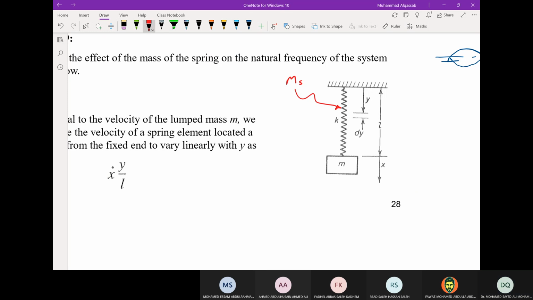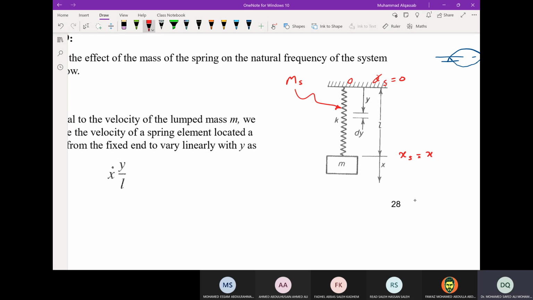Introducing coordinate y, which goes along the length of the spring from 0 here to L. We know that the spring displacement is 0 here, and the spring displacement is equal to x at L. Those are the boundary conditions.